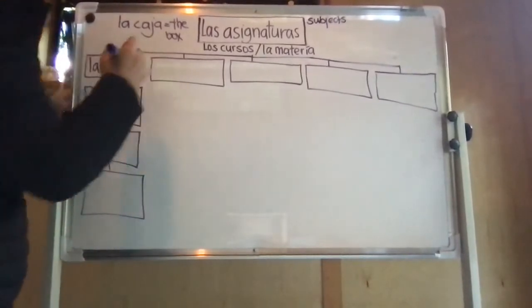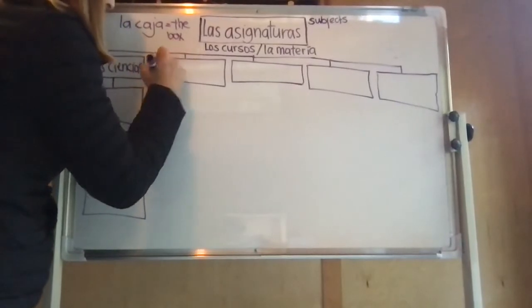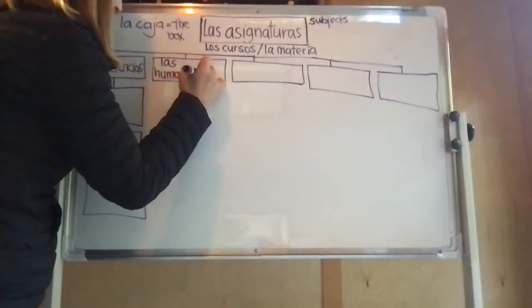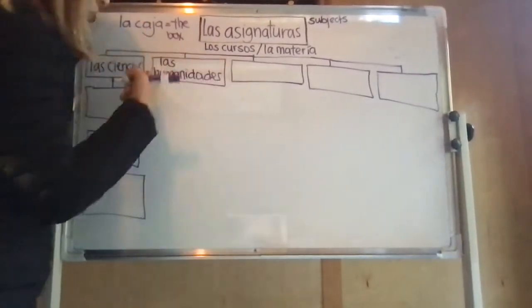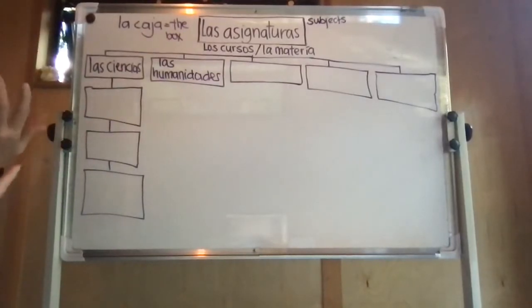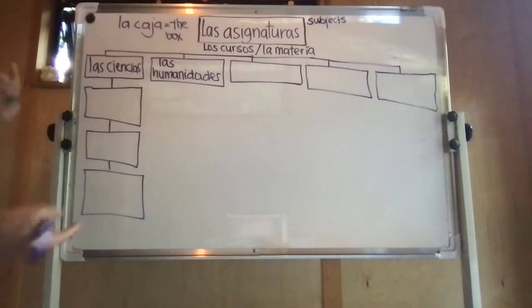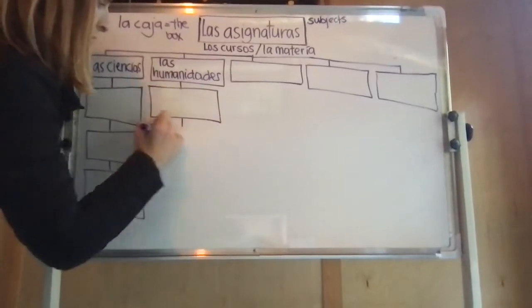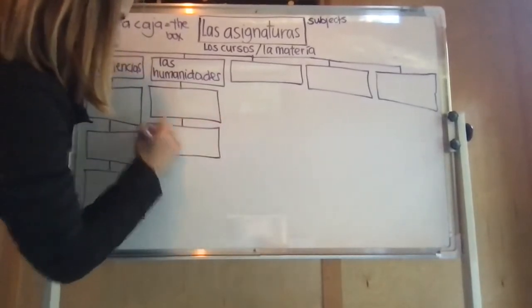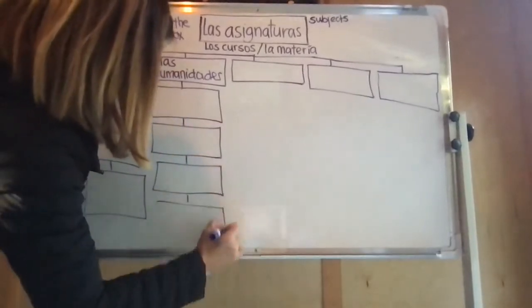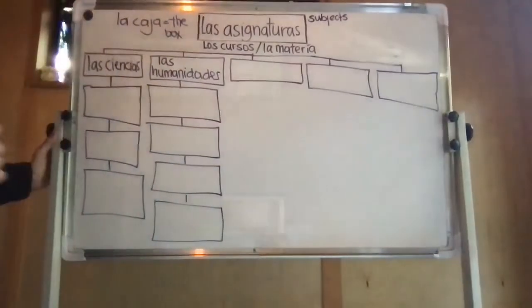Aquí voy a hablar de las humanidades. Las humanidades, humanities. Okay, so I will have 5 aquí. 1, 2, 3. Actually, I'm going to put 4, just 4, because I think one of them we didn't have in our vocabulary. 4 cajas.